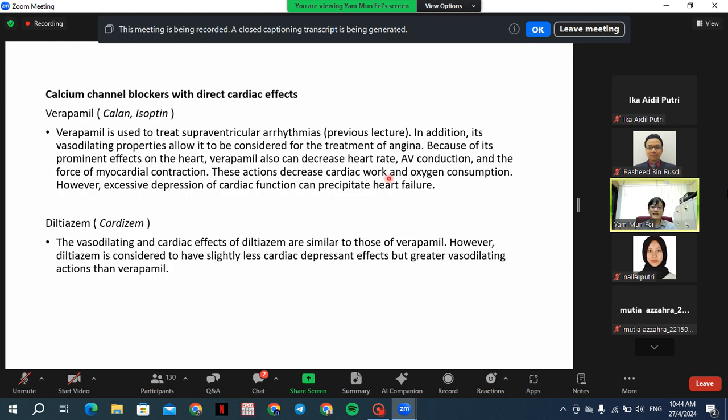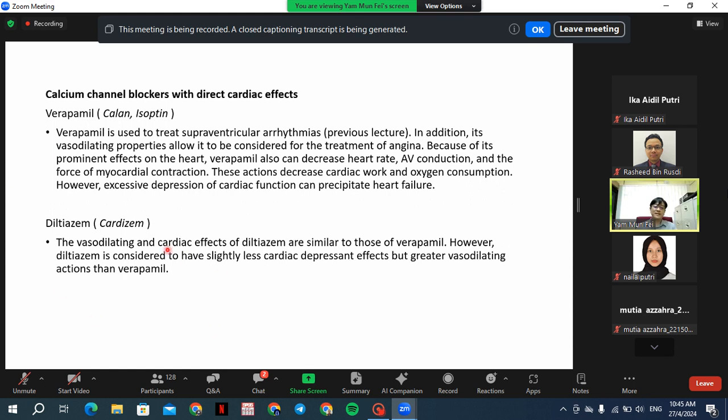What they can do is decrease your heart rate. They also can decrease your AV conduction, because your heart pumping is normally fired by impulse, isn't it? So these drugs are able to reduce your AV conduction, and by doing so, your heart rate automatically will become slow.